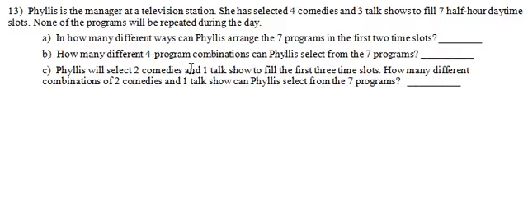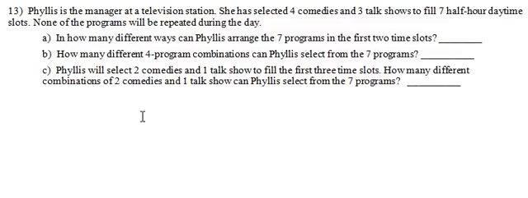Okay. Part B says how many different 4 program combinations can Phyllis select from the 7 programs? We have 7 programs to choose from. The main thing to think about here is, is this a problem where order matters or order doesn't matter?